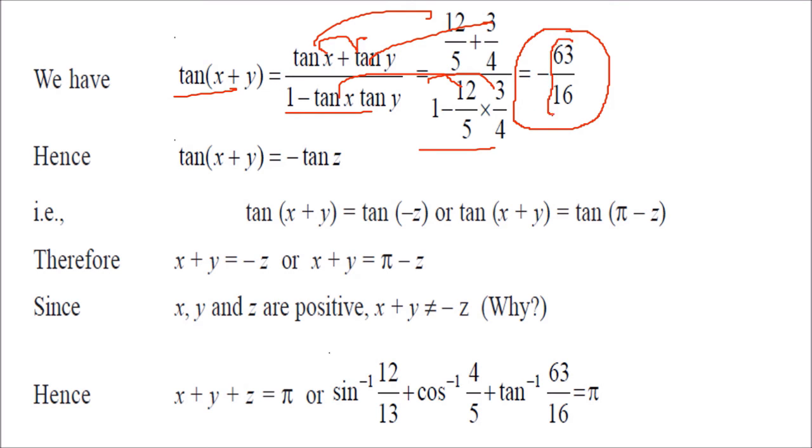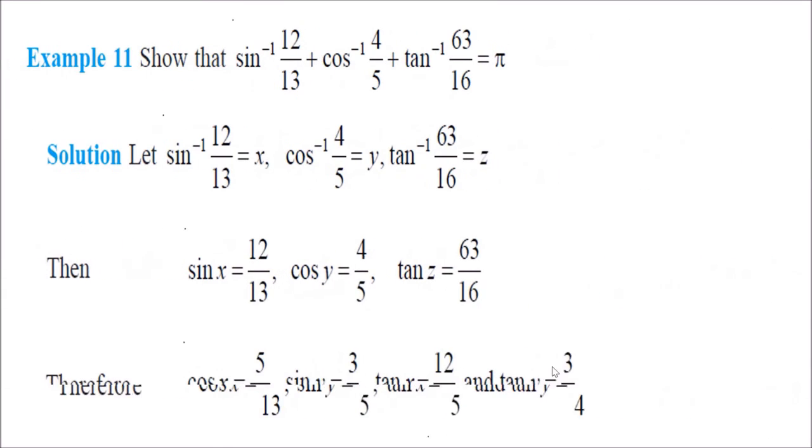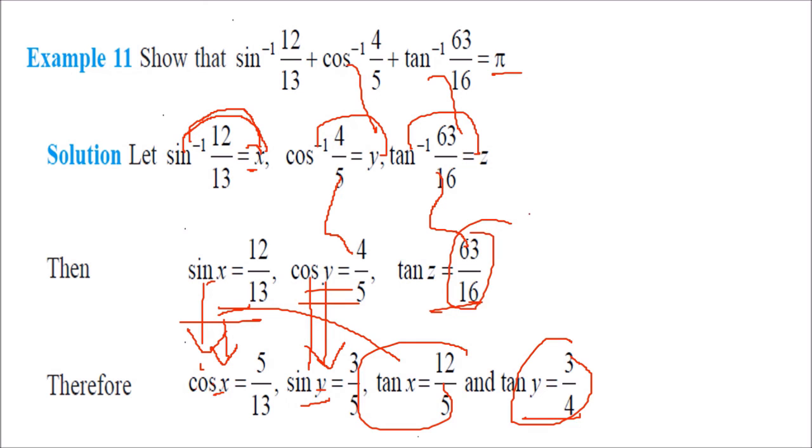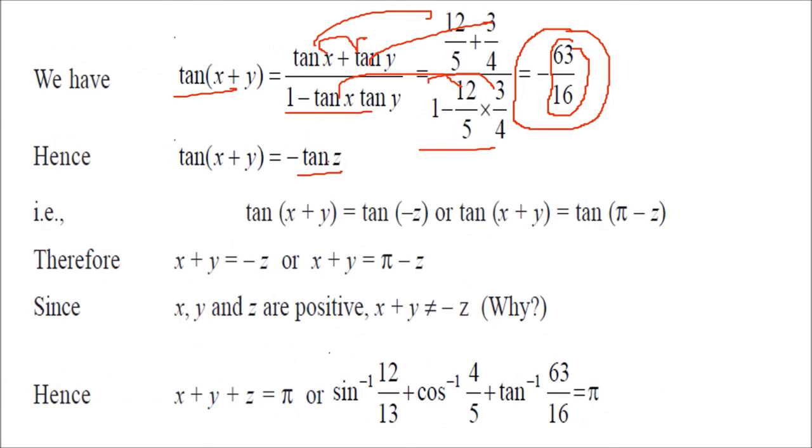And what was this? This is tan z. We have just found that this is nothing but minus tan z. Since tan of minus theta is equal to minus tan theta, we can take the minus inside, so this is tan of minus z. We can also write tan of minus z as tan of pi minus z.